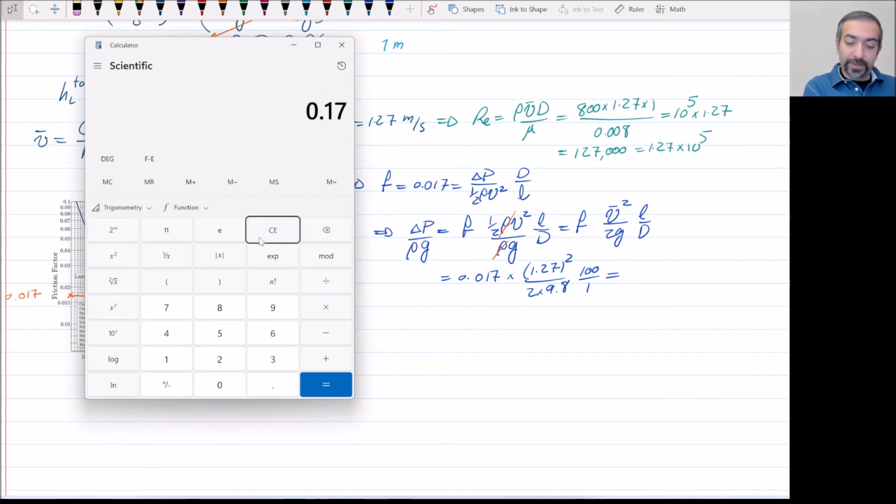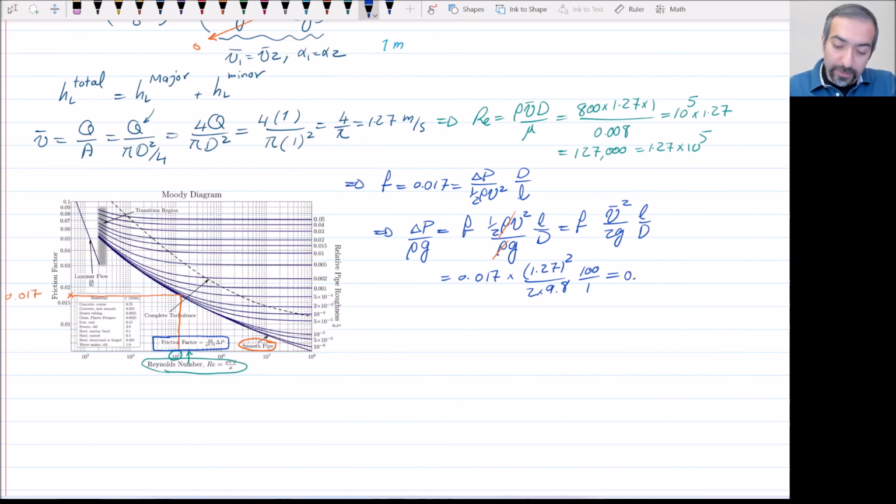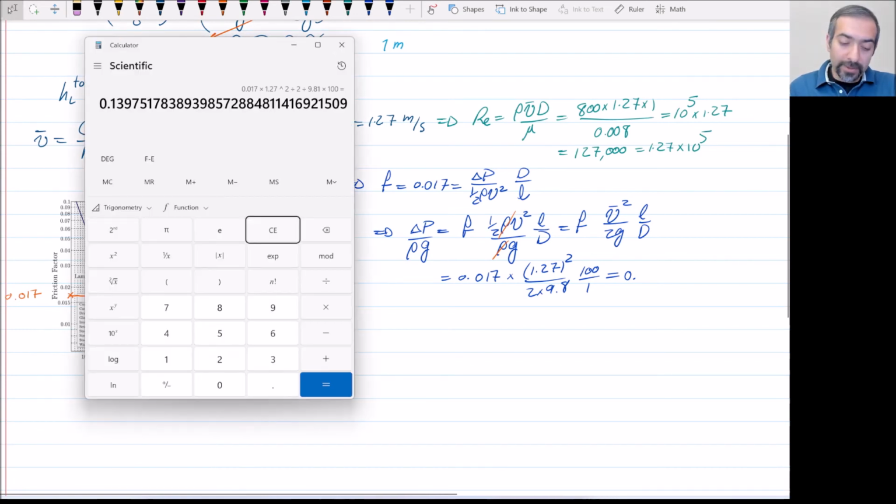So I have 0.017 times 1.27 to the power 2, divided by 2 divided by 9.81 times 100, and that is 0.139, so 0.14.